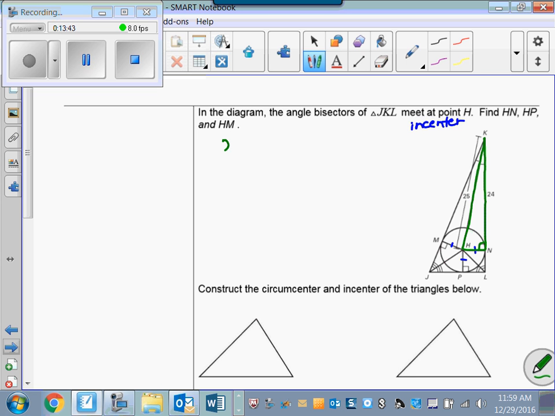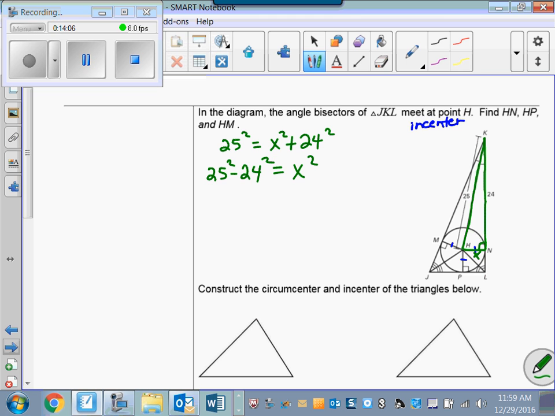So I know that 25 squared equals x squared, we'll call this x right here, plus 24 squared. So 25 squared minus 24 squared equals x squared.